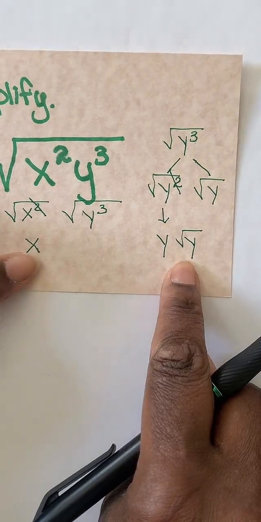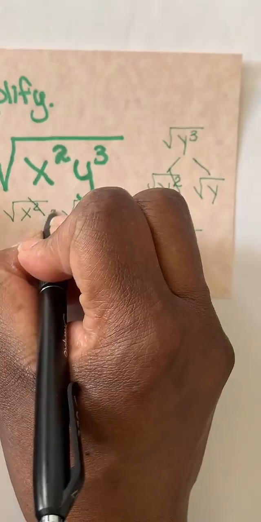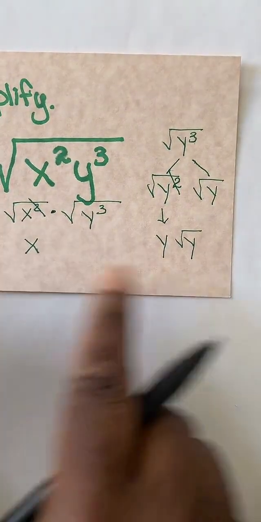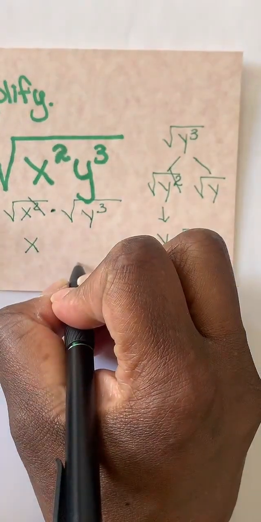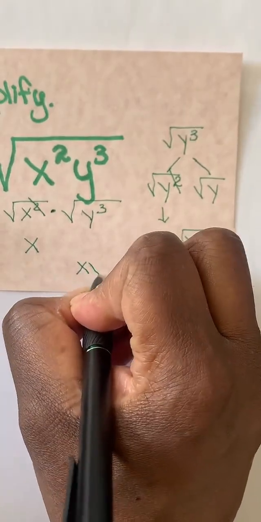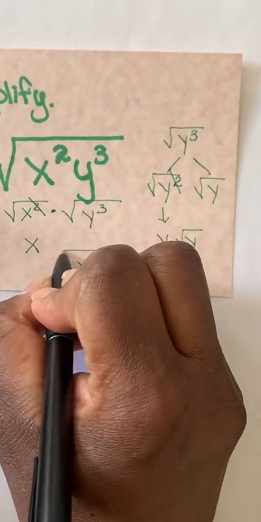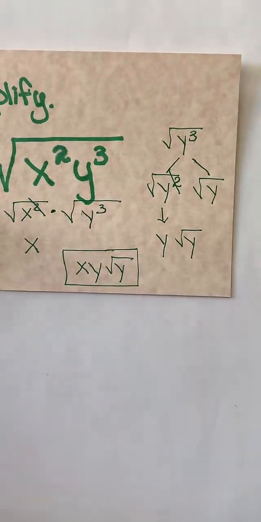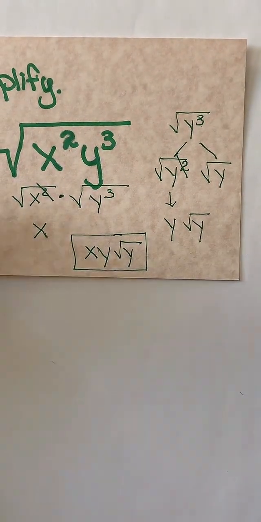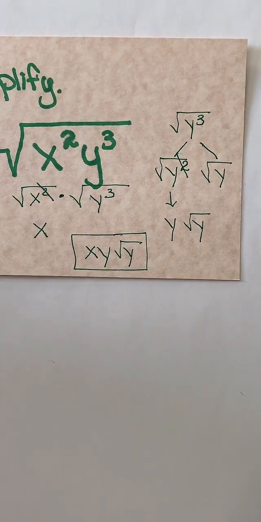So now, since this is all multiplication, put them all together. So that means your final answer is going to be x, y, square root of y. So, this is one way of doing it.